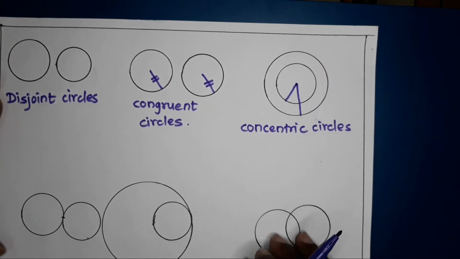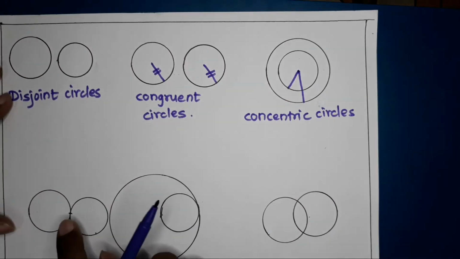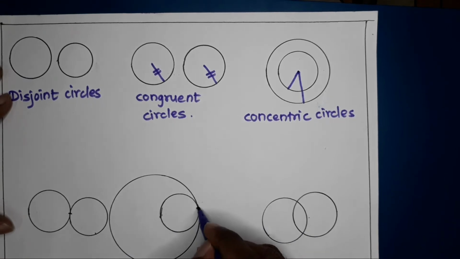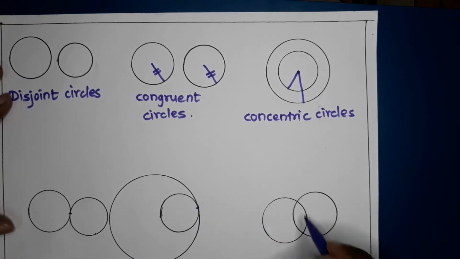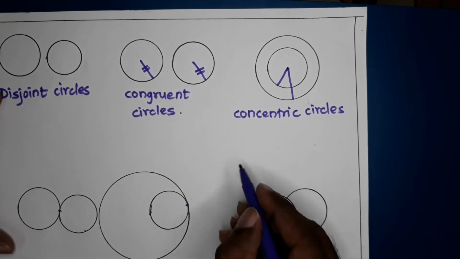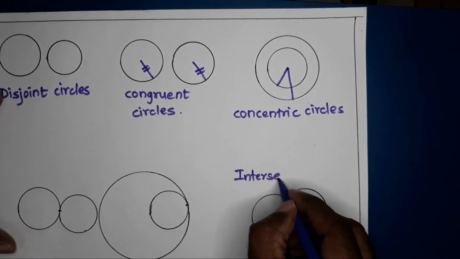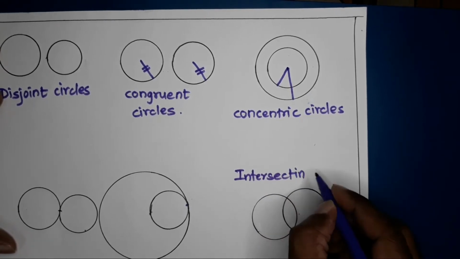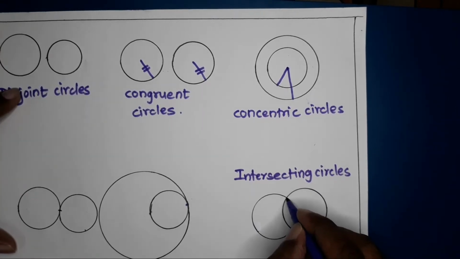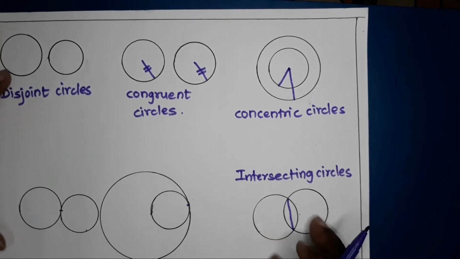If two circles are intersecting, then there is either a single common point between them, or there are two points common between them. If there are two such common points, these circles are called intersecting circles. We can draw a common chord between those two circles.